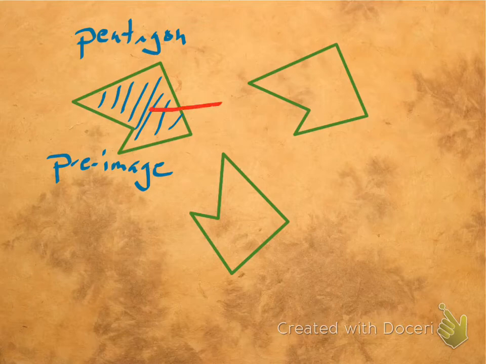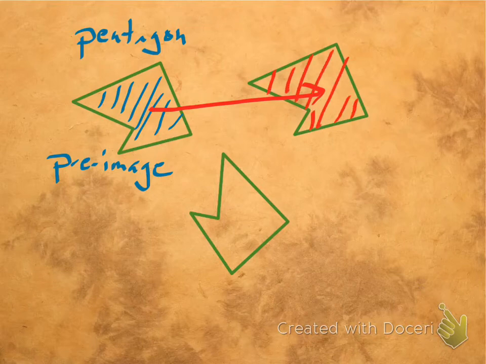All right, first I want you to take a look at what has happened to move the blue one to this one. And I think if you look at it closely, you can see that essentially if we take the blue pentagon, the pre-image, and we slide it over just a little bit up and to the right, sure enough, we will get this red shaded pentagon that is exactly the same size and shape as the original.